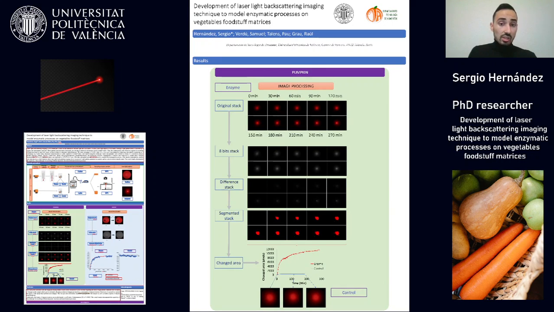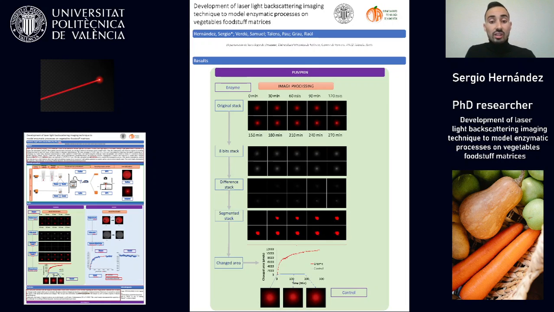The image processing and data acquisition for pumpkins was based on the calculation and quantification of changed areas in pixel units. For this, the RGB original stack was converted into 8-bit images with 255 values of gray to simplify the information.